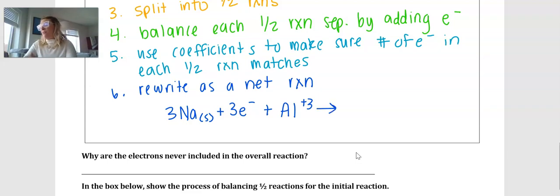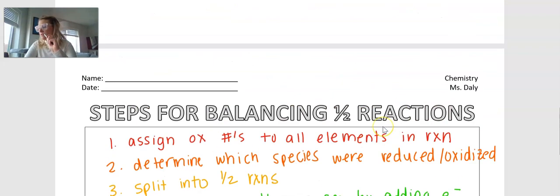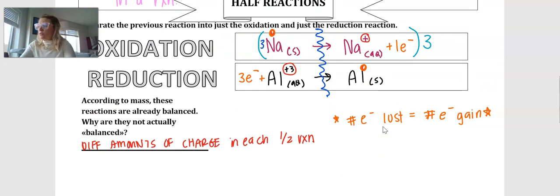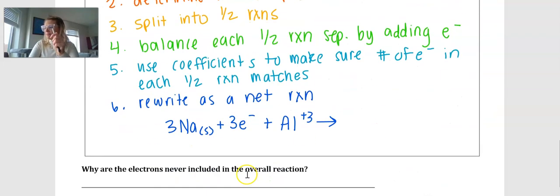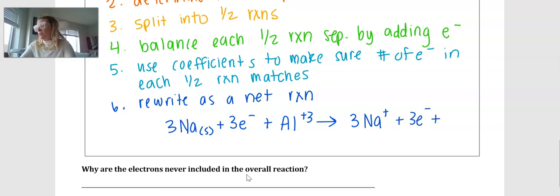And then on our product side of our reaction from above, we have 3 Na plus ions, 3 electrons, and 1 aluminum solid. So we have 3 Na plus, 3 electrons, plus Al solid.